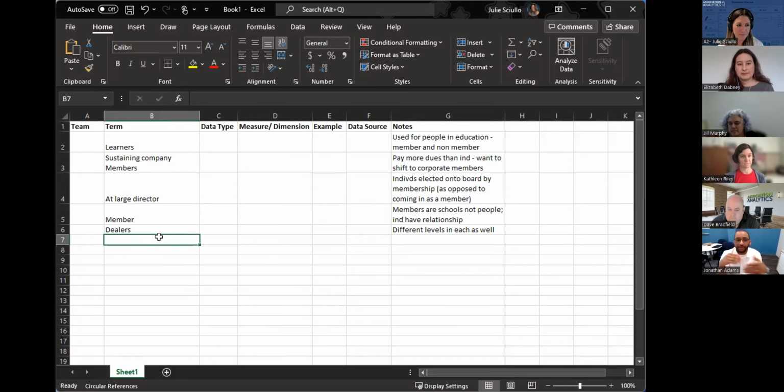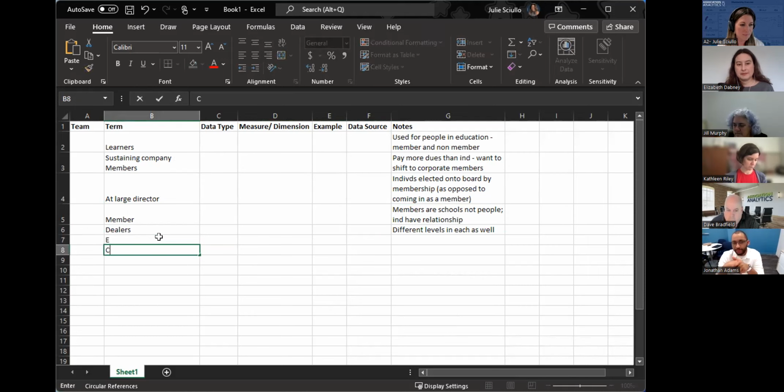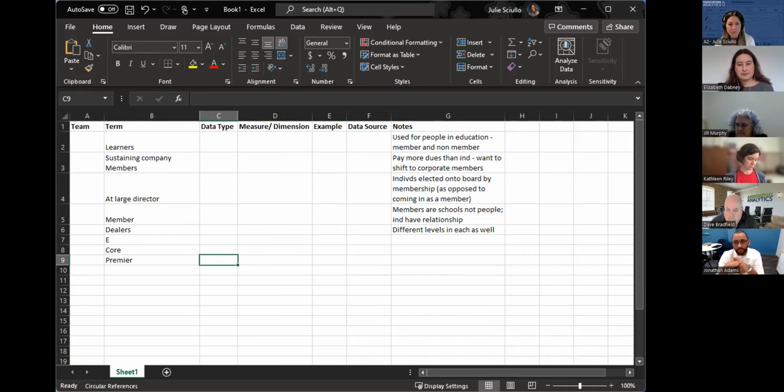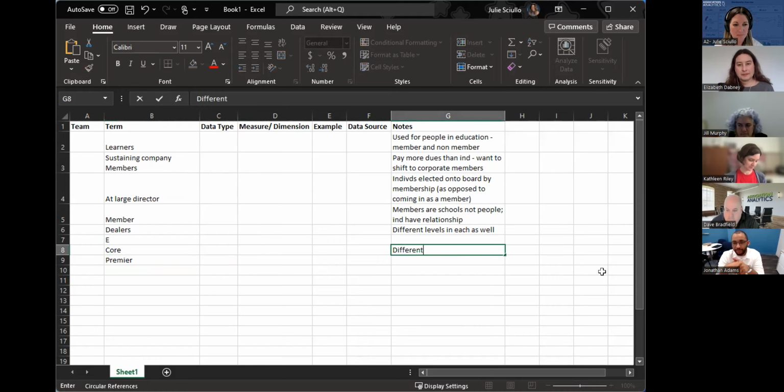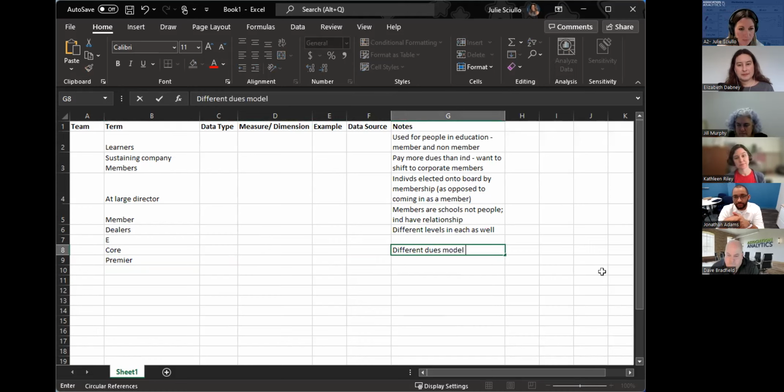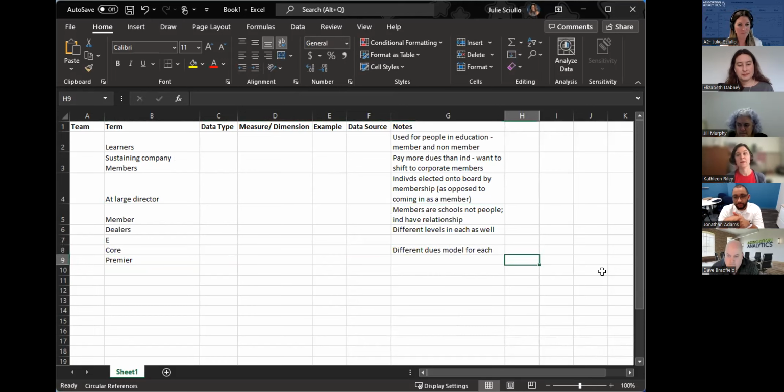For both, they're the same across both categories of membership: e-membership, core membership, and premier membership. Okay. For us, we have different dues, so a core dealer may pay less than a core manufacturer. Got it.